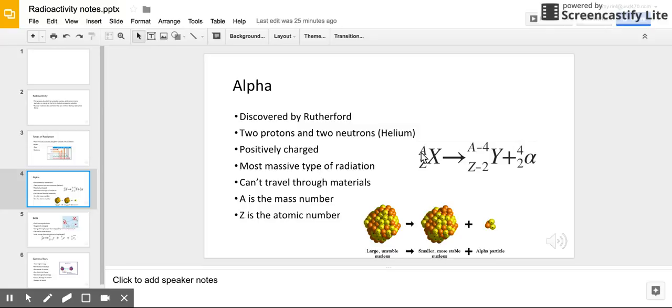So what happens in the equation is that the parent element's mass number will go down by 4, and its atomic number will go down by 2. We also like to say, if you look on the periodic table, you go back 2 places when an atom is going through alpha decay.